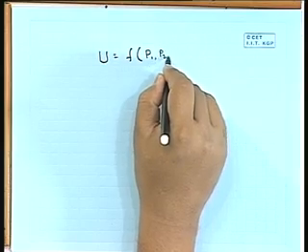So, if we take a beam problem, M we can find as P into x, or omega x square by 2, something. So, it will be expressed in the form of some force, right. Now, it can also be expressed in the form of displacement, right. Now, we are interested in the force part. So, U, if it is a function and it is defined in terms of some force, it may be one force, it may be a number of forces.